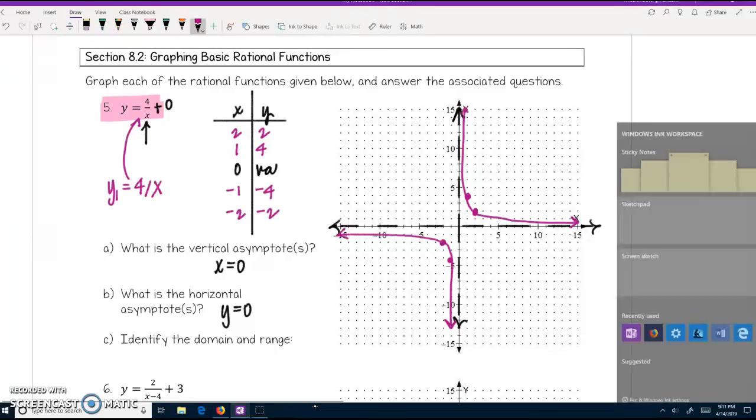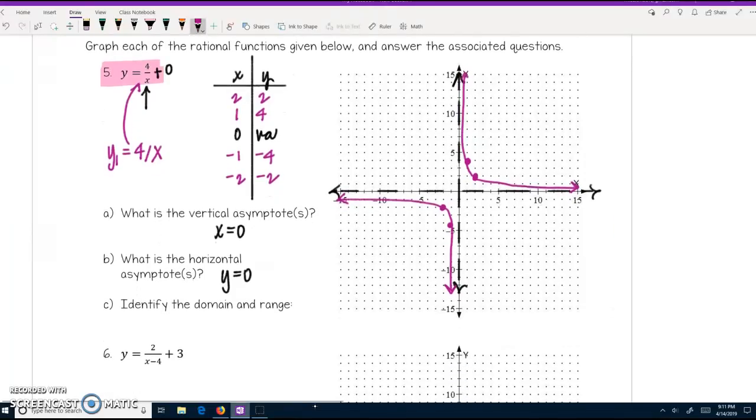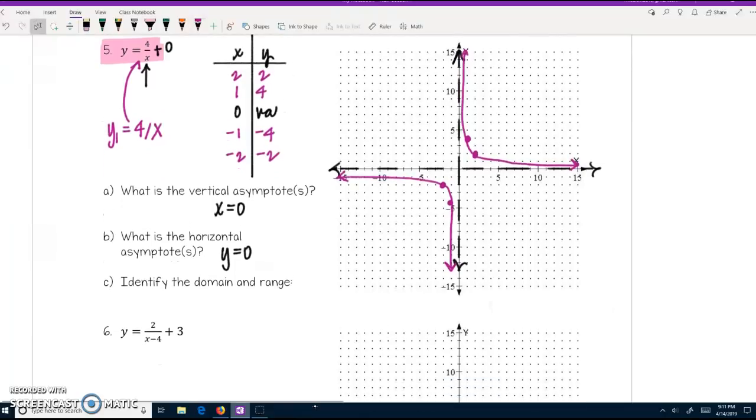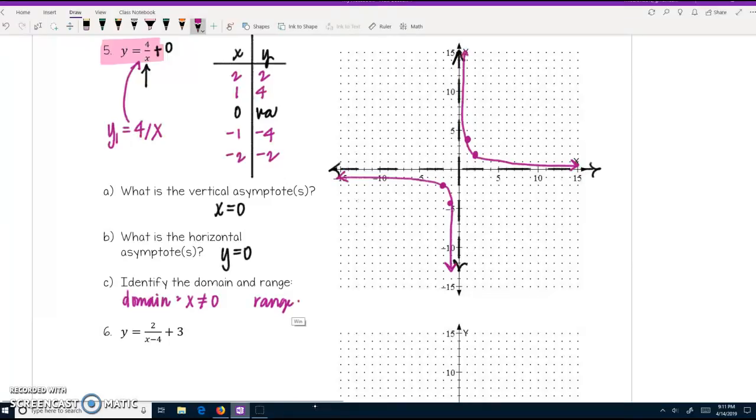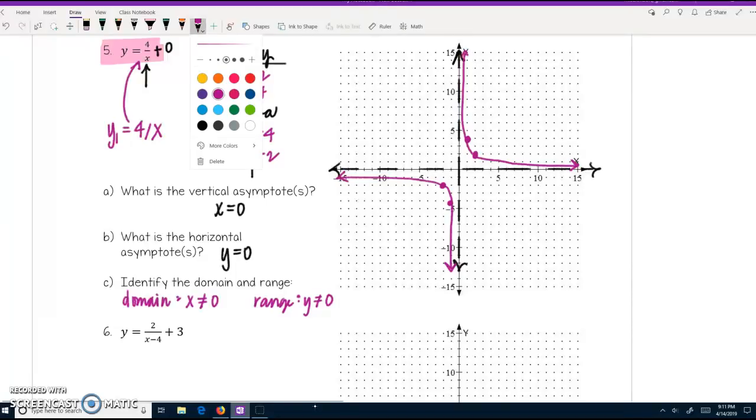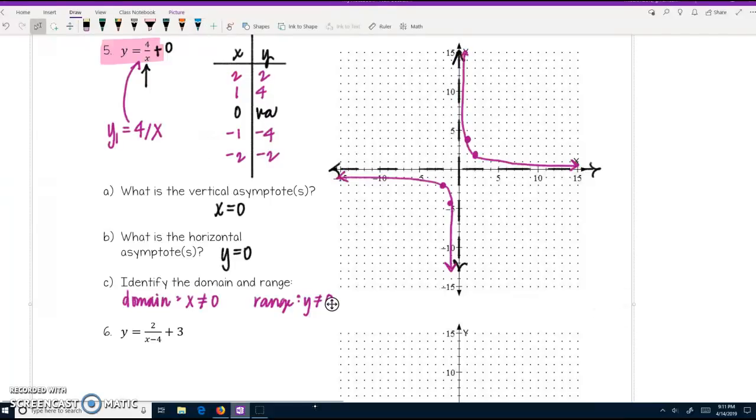Then after I've graphed, I can identify my domain and range, which are just my possible x values and my possible y values. So those are determined by what our asymptotes tell us. So my domain is that x cannot be 0, and my range is that y cannot be 0. The last thing that's not included in your parts A through C that you would want to be able to do with this graph is identify how it's different from your parent function.